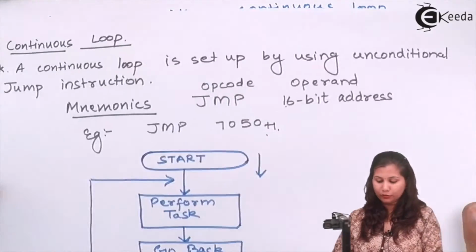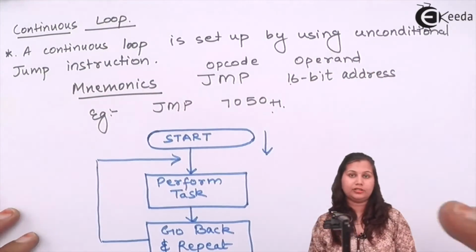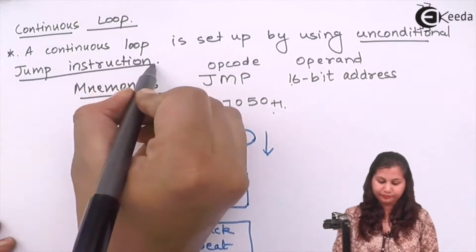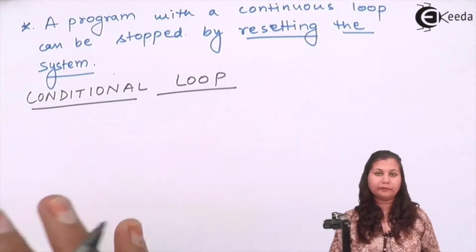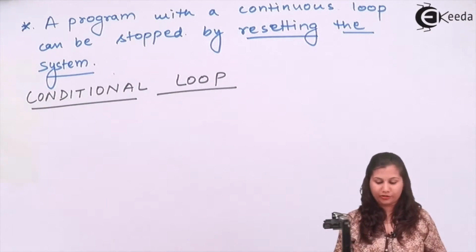Now in the continuous loop, we were using the unconditional jump instruction. In the conditional loop, we will use the conditional jump instruction.